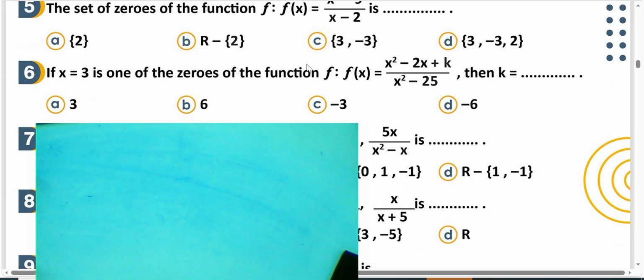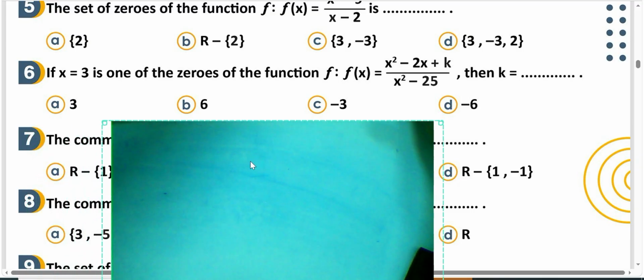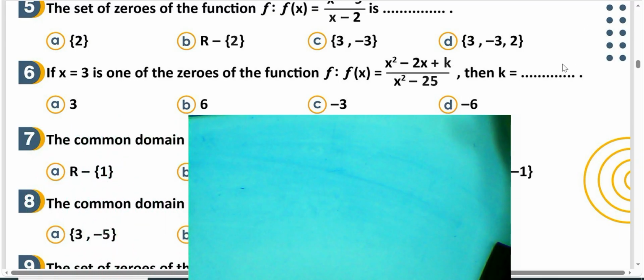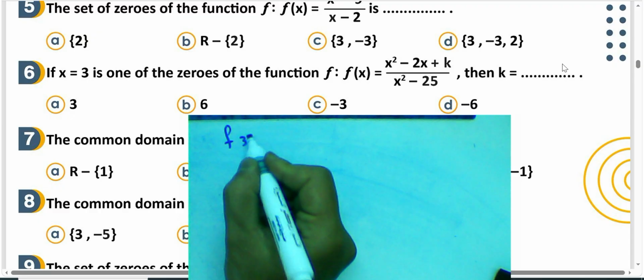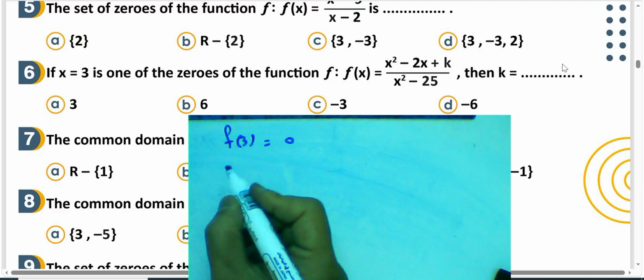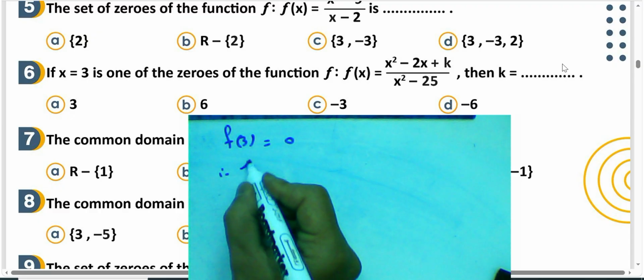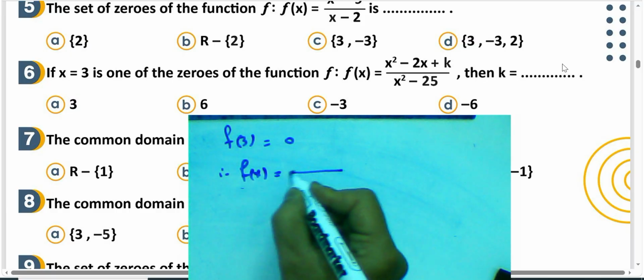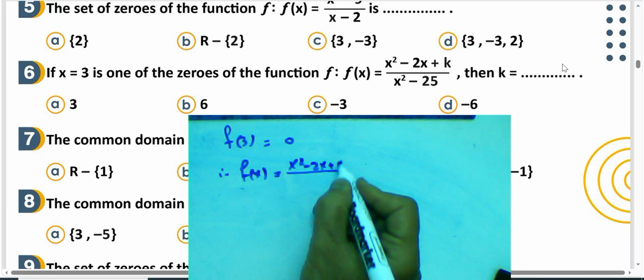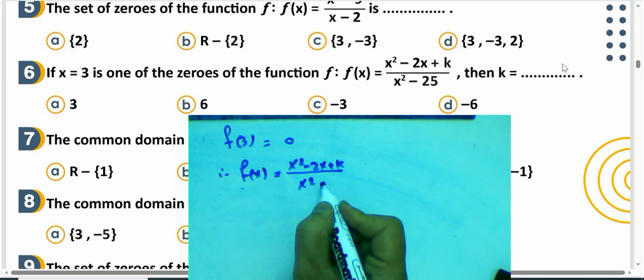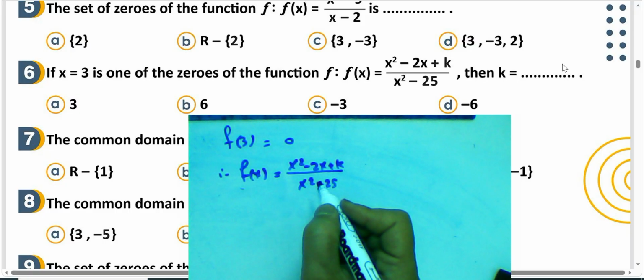Next question. If x equals 3 is one of the zeros of the function here, then find k, meaning f of 3 equals 0. We have the expression (x power 2 minus 2x plus k) over (x power 2 minus 25).